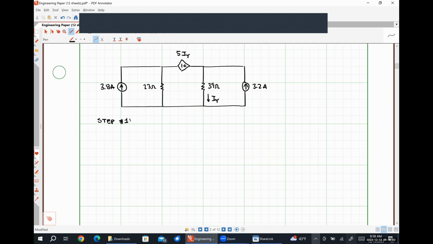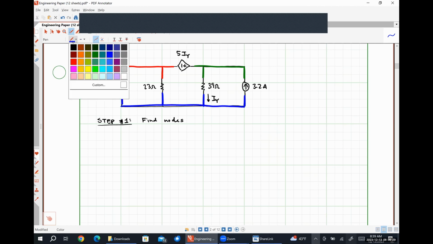So our first step is still just going to be to find or label our nodes. So we have this one on the top left, this one on the top right, and then this one on bottom.